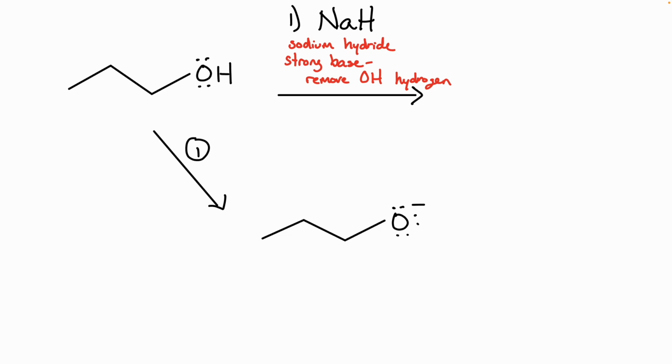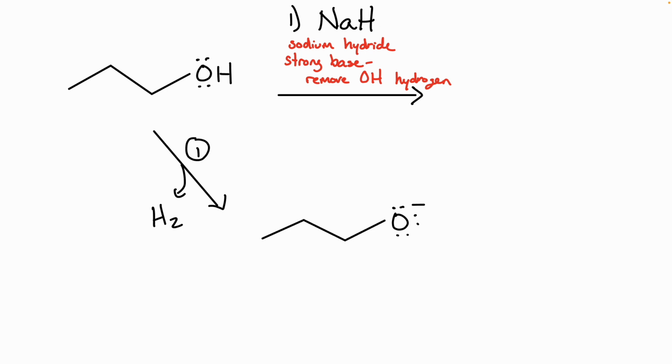One of the reasons that sodium hydride is preferred is there's no chance for this reaction to go back in the opposite direction, because that hydride hydrogen reacts with that OH hydrogen, and that goes flying off as hydrogen gas. So you don't have to worry about any sort of reversibility of this reaction. That hydrogen bubbles off and it leaves.